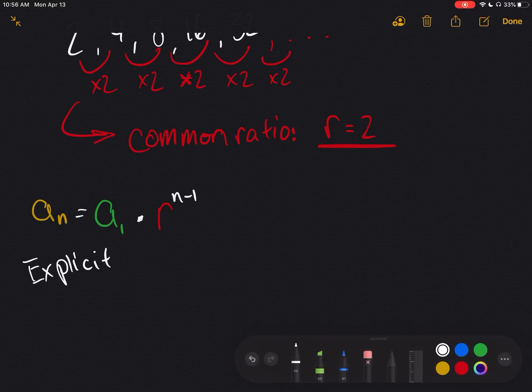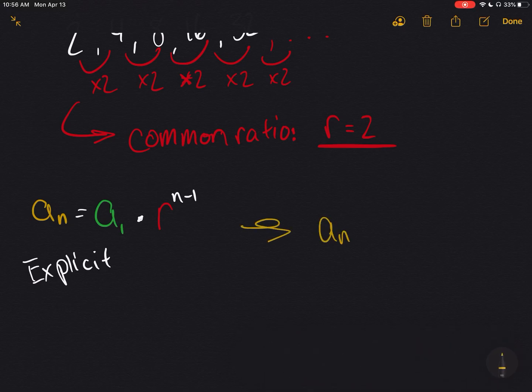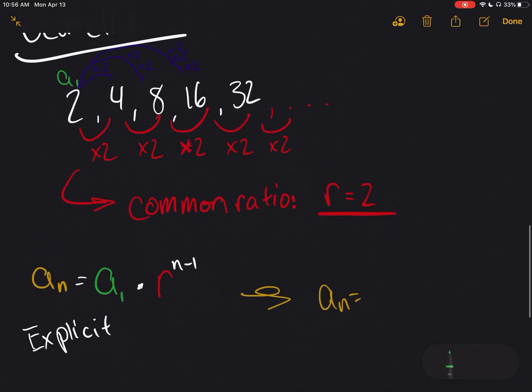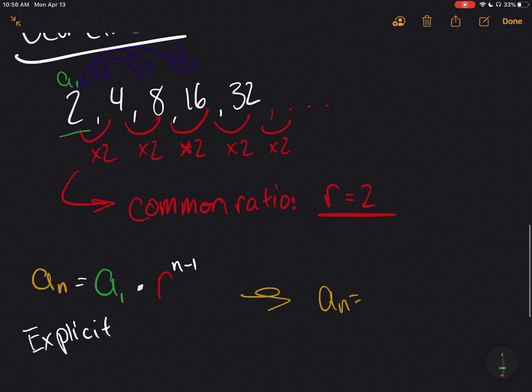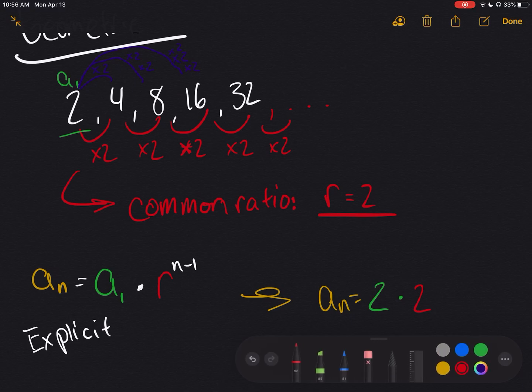Okay, so for this specific example, to find the an term, we want the first term, which is 2, times our common ratio, which is also 2, and we raise that to the n minus 1 power. That's not going to change. That is our explicit formula for our given sequence.